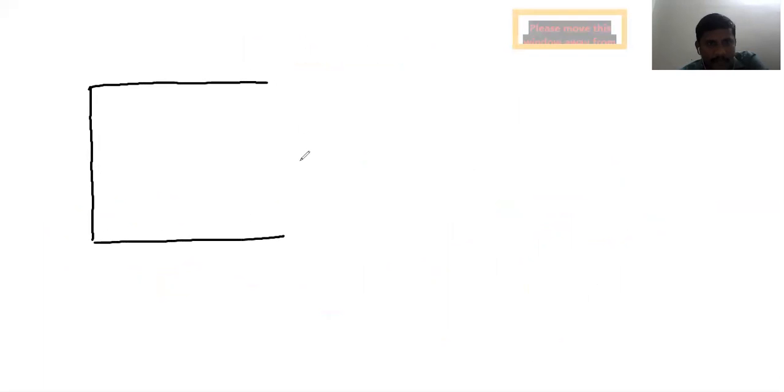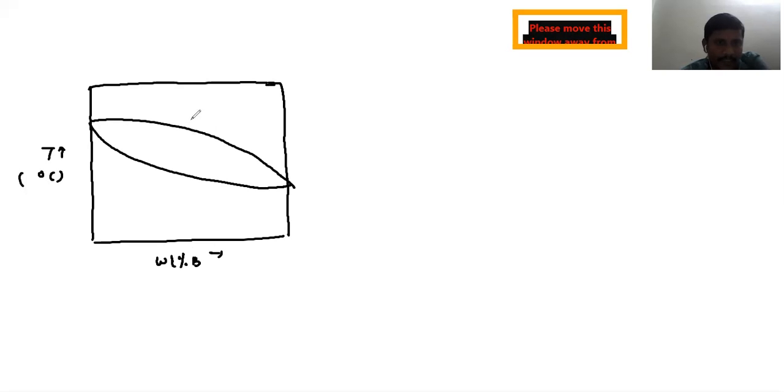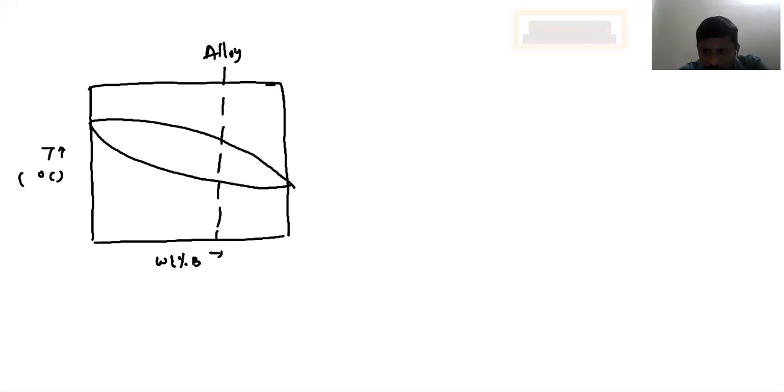Let us consider the isomorphous phase diagram which we are discussing. Temperature is on the y-axis in degrees centigrade, and composition, that is the weight percentage of B, is on the x-axis. We have considered an alloy of composition.